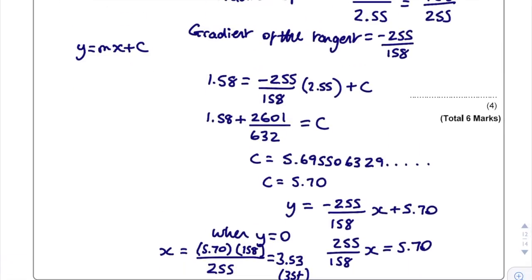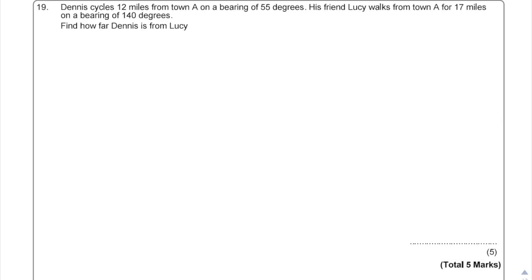So point U equals 3.53, and then of course our y coordinate is just 0. So it's 3.53, 0.